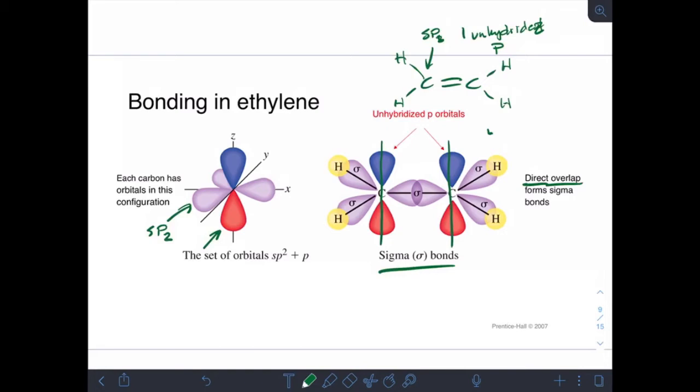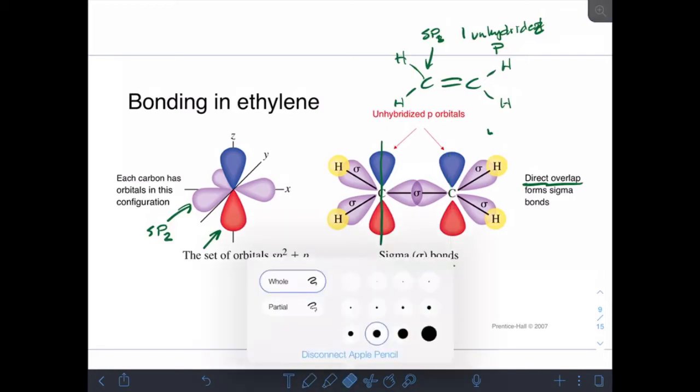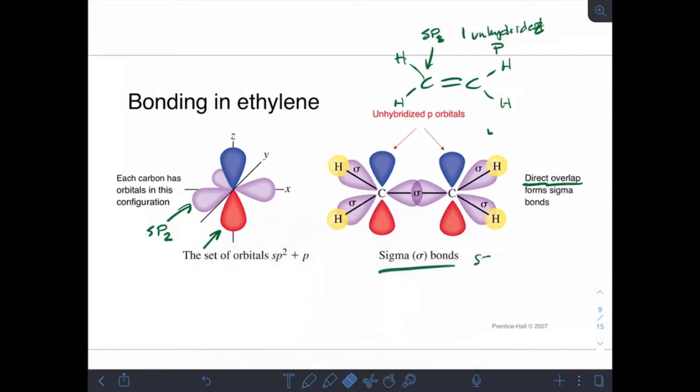And so what you get is an indirect overlap of these p orbitals. When you have that top and bottom overlap, that creates a single pi bond.